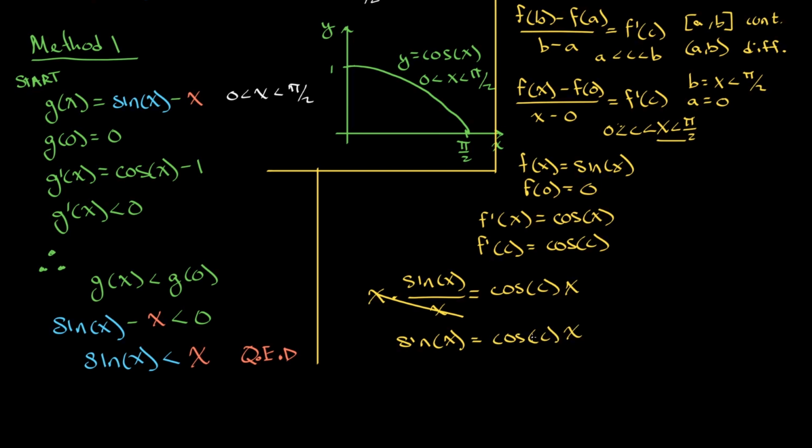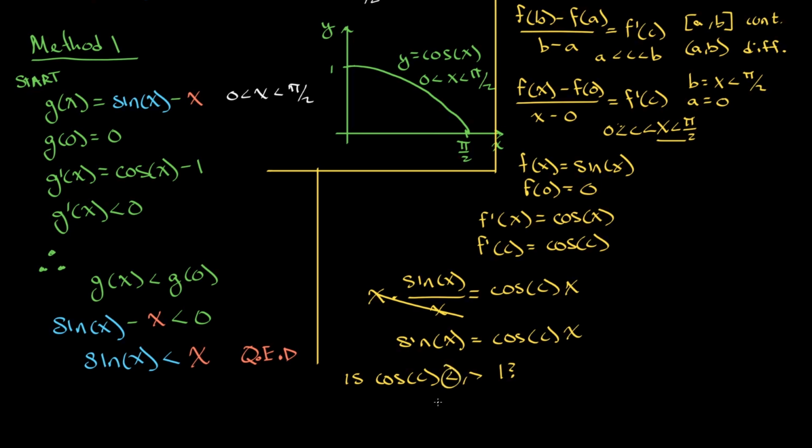And now here's the crucial part of the proof of this method. We need to figure out, on this interval where c is between 0 and pi over 2, is cosine of c greater than or less than 1? And we can look at our cosine graph here where we graphed it on this interval, and we can see that cosine is definitely going to be less than 1 on this interval.